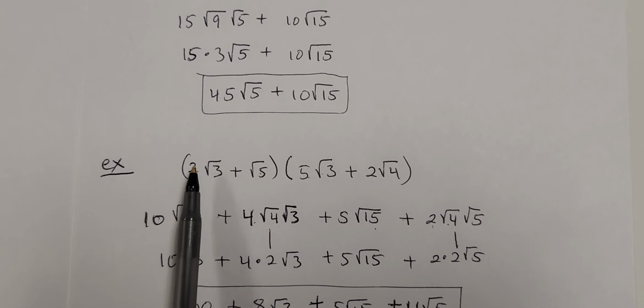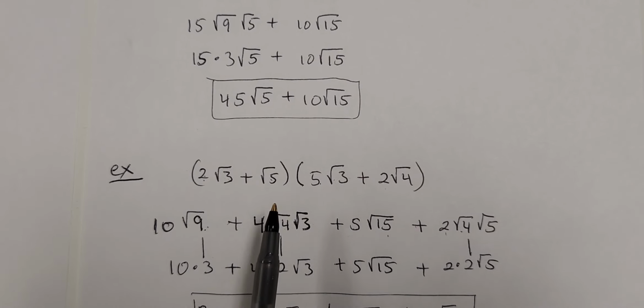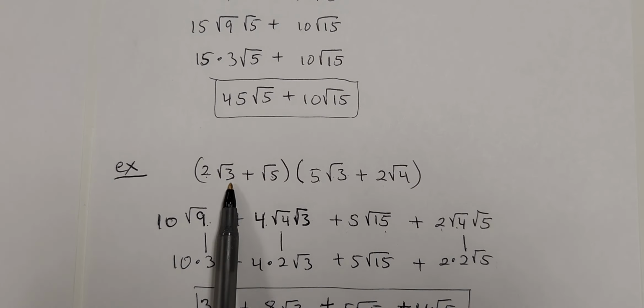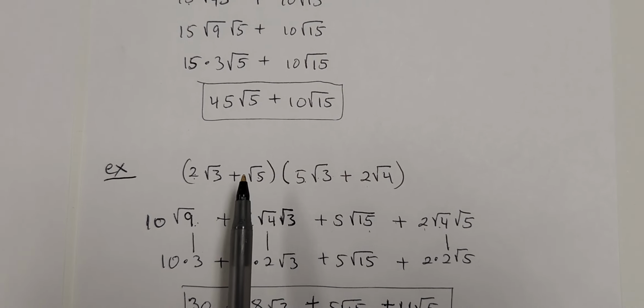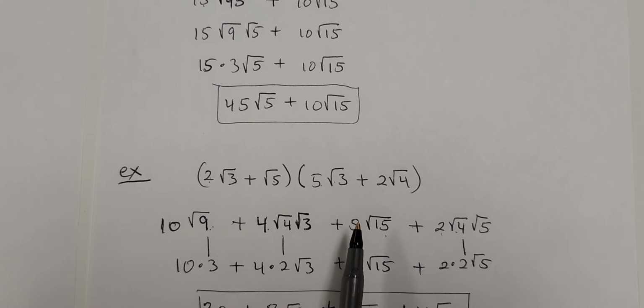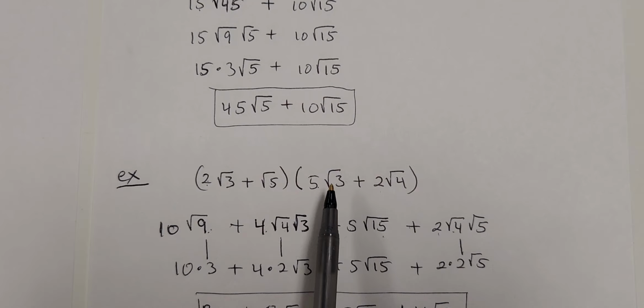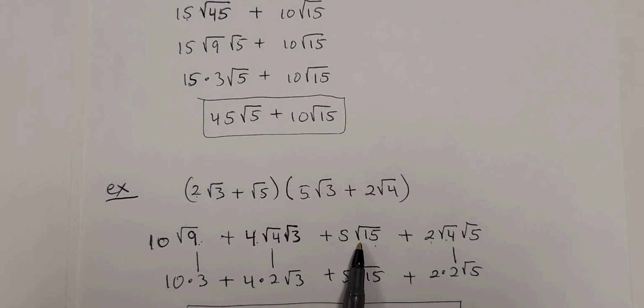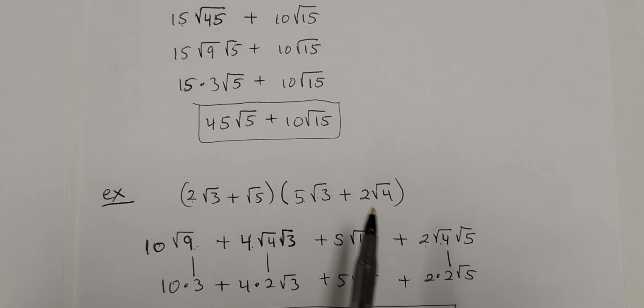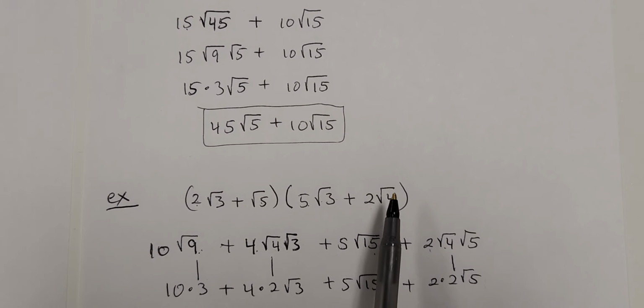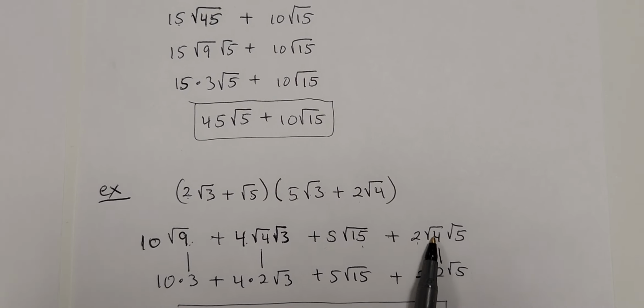Okay, next, 2 times 2 gives me this 4. Square root 3, square root 4 is right here. 1 times 5 gives me this 5. 5 times 3 gives me this square root 15. 1 times 2 gives me this 2, and then 5 and 4, I leave it as is.